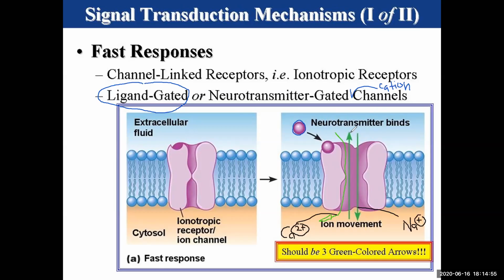And then this green that comes out, that's potassium efflux. Potassium is leaving the postsynaptic neuron. Sodium goes in the postsynaptic neuron. Calcium goes in the postsynaptic neuron. But potassium is leaving the postsynaptic neuron. So potassium is effluxing.